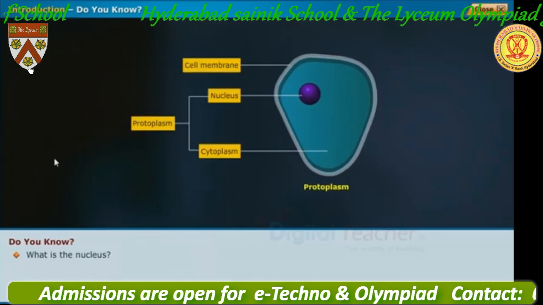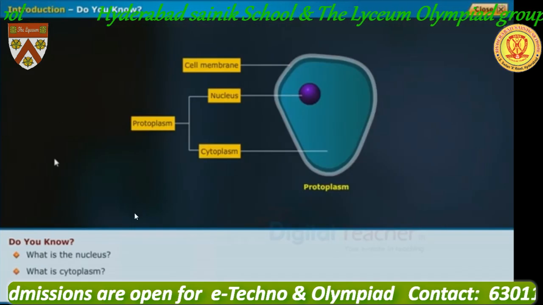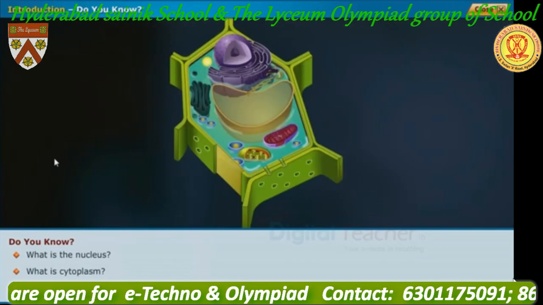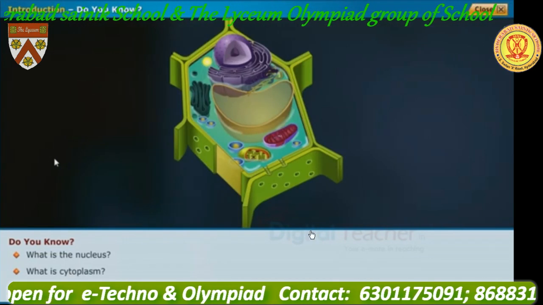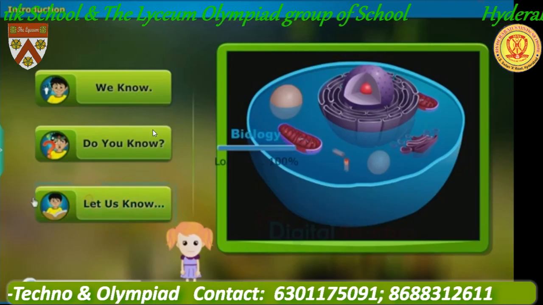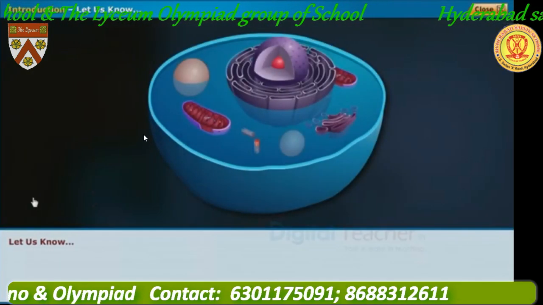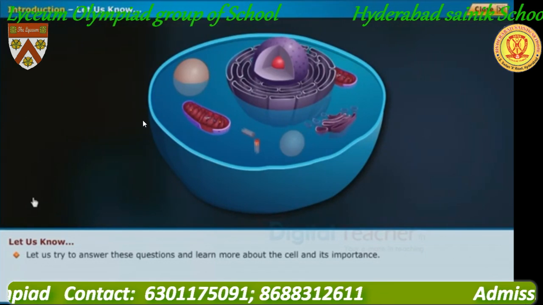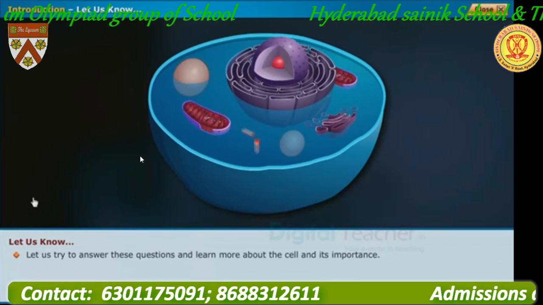What is the nucleus? What is cytoplasm? What is cell organelle and types of cell organelles? Let us try to answer these questions and learn more about the cell and its importance.